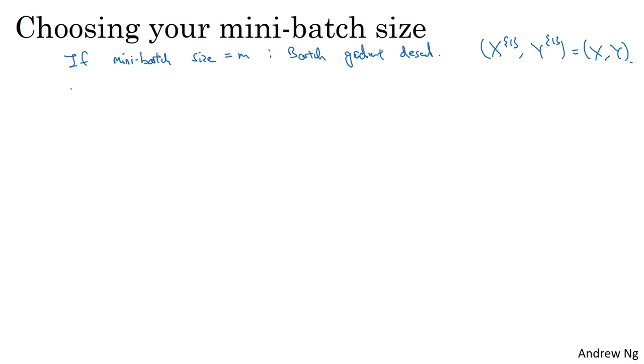The other extreme would be if your mini-batch size were equal to 1. This gives you an algorithm called stochastic gradient descent. And here, every example is its own mini-batch.